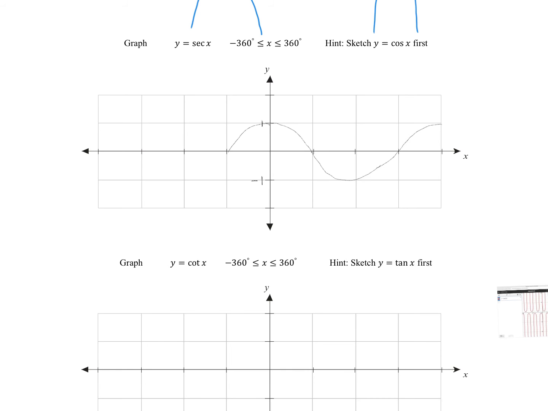Oops, that is poorly done. Okay, that's really bad, I'm sorry. One continuous graph. Okay, and so then our sec graph does the same thing as the cos graph.